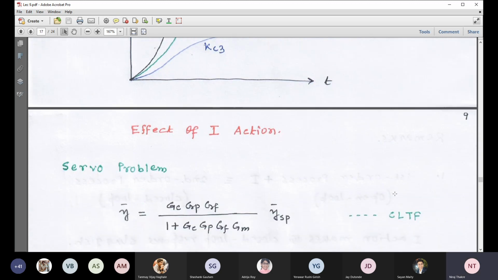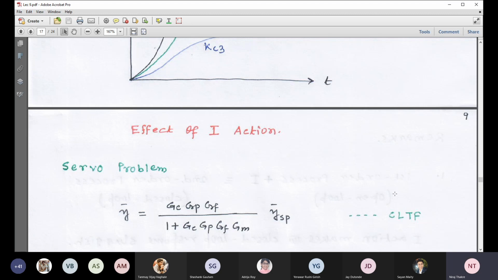For this we are limiting our study only to the servo case, because for regulatory case you can easily extend the study we are going to conduct. We have discussed both servo and regulatory case for proportional action. Now we are going to consider only the servo case.